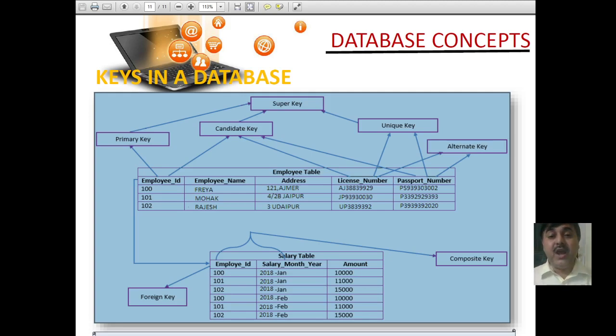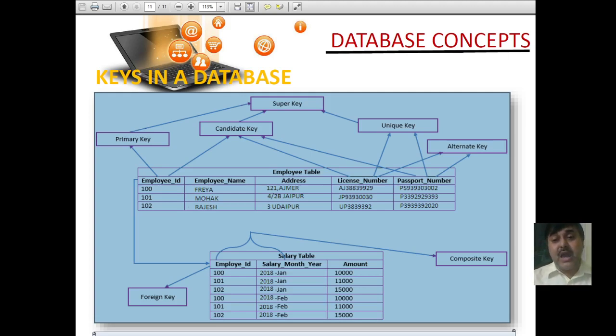So when they are made in a certain form or certain way, we find that we have a candidate key, the composite key, the foreign key, the super key, the unique key, and we do have an alternate key.